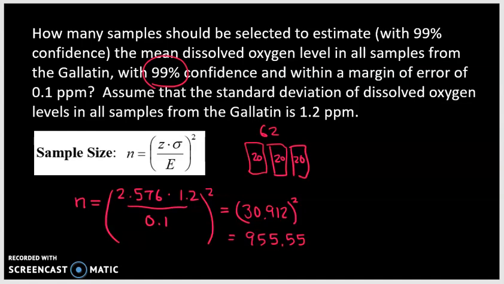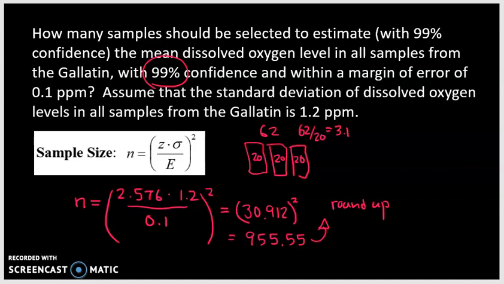Well, if you did the division, you'd get 62 divided by 20, and that is 3.1. So you need 3.1 school buses, but you can't get 0.1 of a school bus, so you round up. It's the same issue here. If you have 0.55 of a sample, you can't get 0.55 of a sample, so what you do for sample size questions is you always round up.